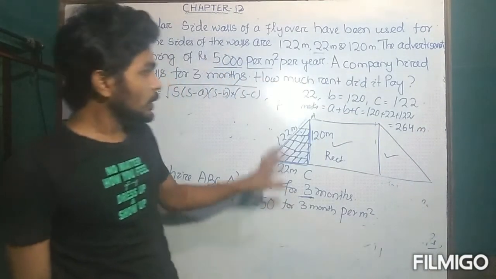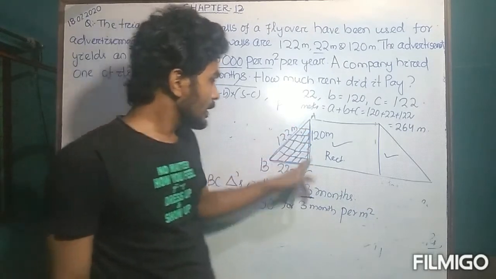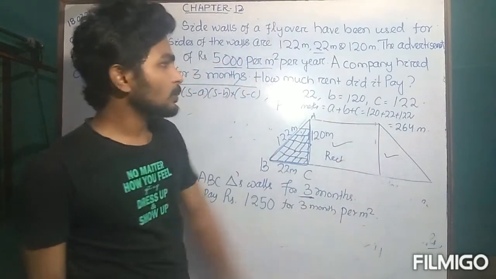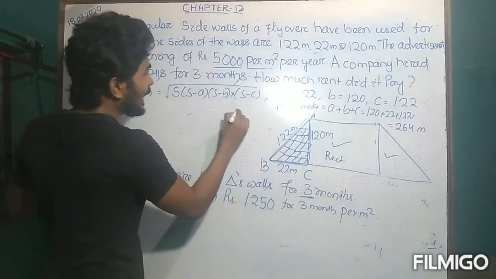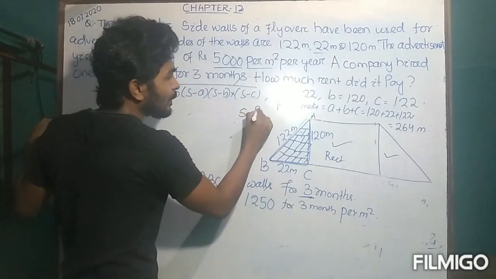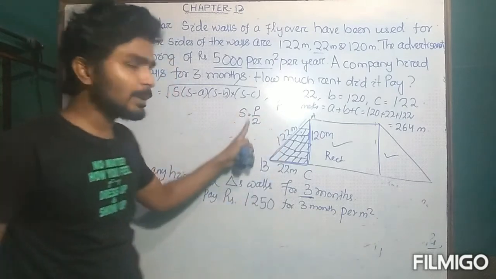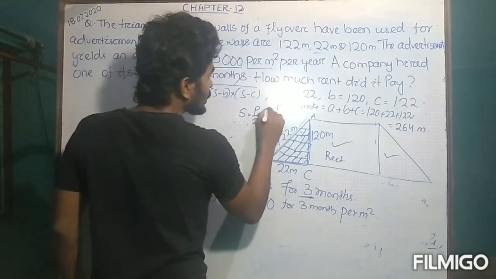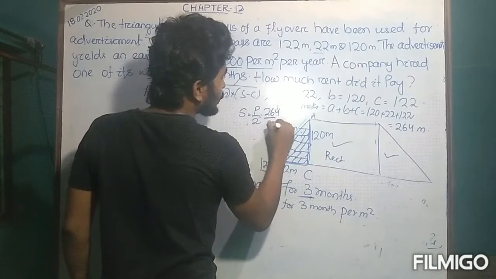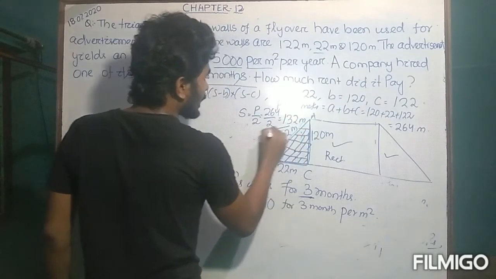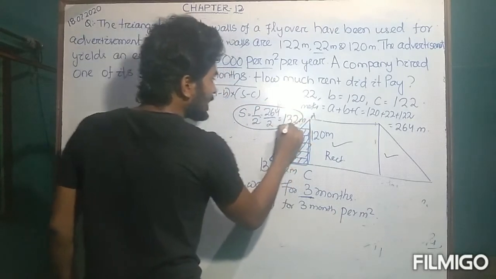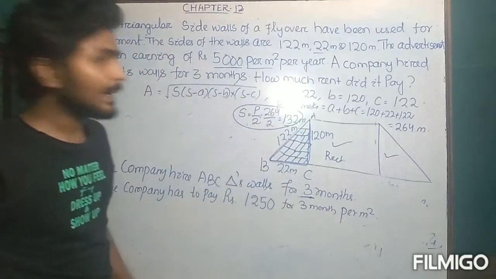So the total perimeter of this triangular wall is 264 meter. Now you have to find S. S is perimeter by 2, so it is 264 by 2. After cancellation you get 132 meter. Now you get S is 132 meter.